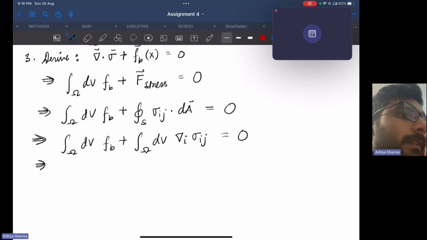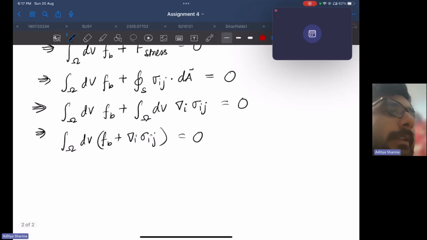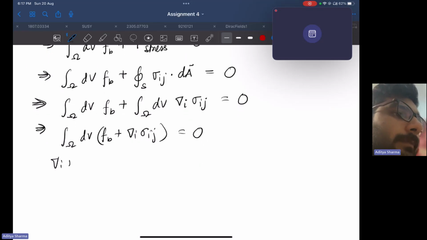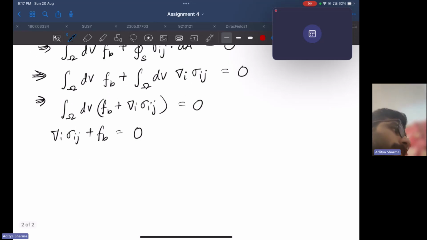Now argue that since this is true for any volume, it is true for any arbitrary volume. So this should imply that the integrand is 0. So that is how we prove this relation.